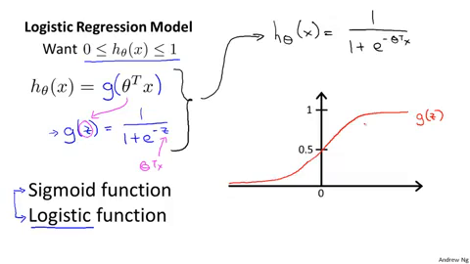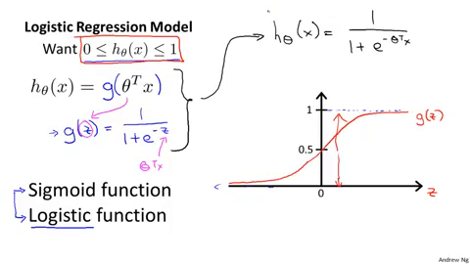And you notice that the sigmoid function asymptotes at 1, and it asymptotes at 0, as z, I guess the horizontal axis is z, goes to minus infinity, g of z approaches 0. And as z approaches infinity, g of z approaches 1. And so because g of z outputs values that are between 0 and 1, we also have that h of x must be between 0 and 1.